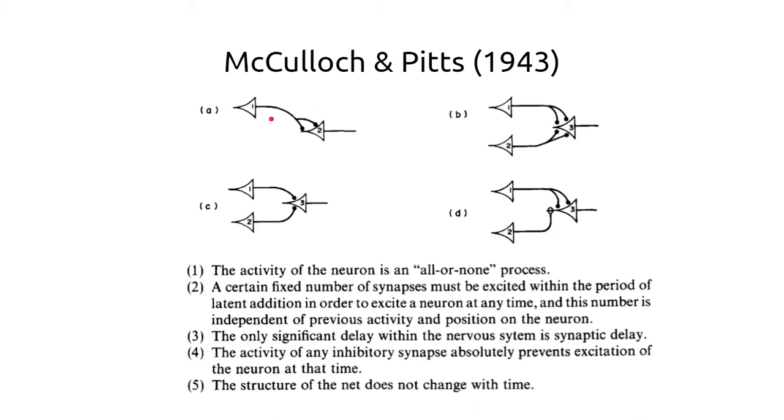Okay. So what you've got in this first diagram is a system where, if neuron 1, maybe some sort of sensory or input neuron, is active, then that's going to have 2 connections to neuron 2. That's enough to make neuron 2 active.